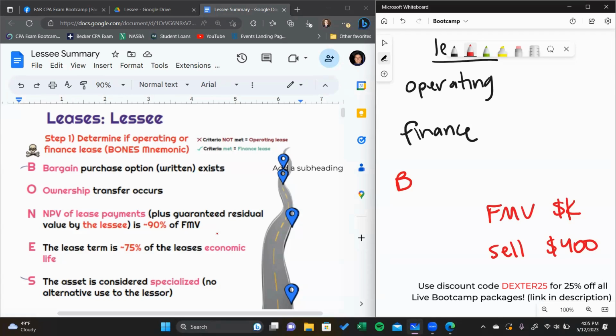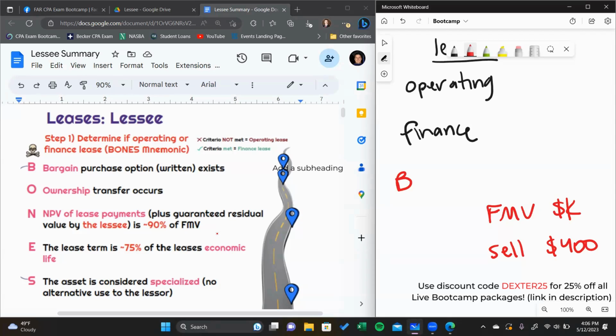So if they don't provide you with information telling you that it's a bargain purchase option, then you really just need to look at the amount required to purchase the asset relative to the fair market value. And if it's a crazy discount, it'll be a bargain purchase option, and it will always be extreme.